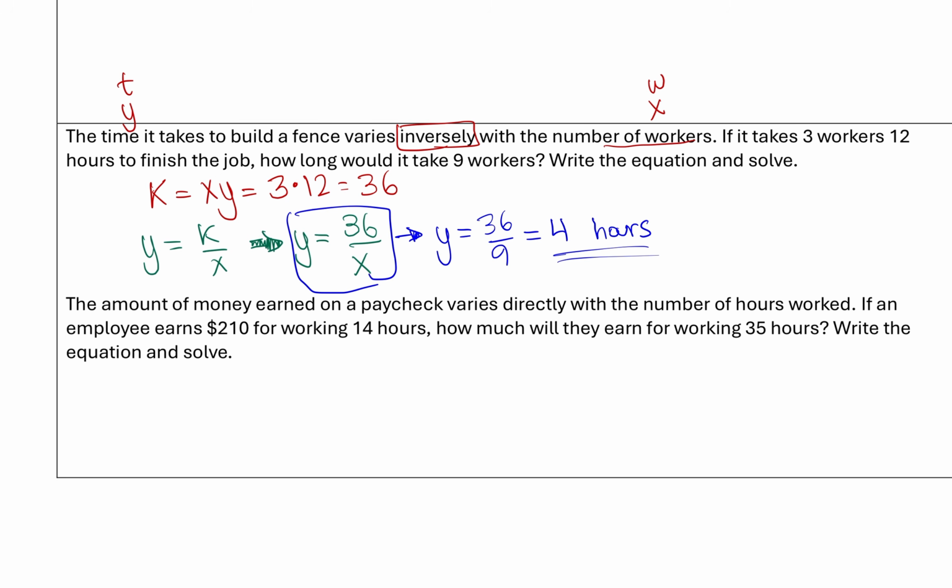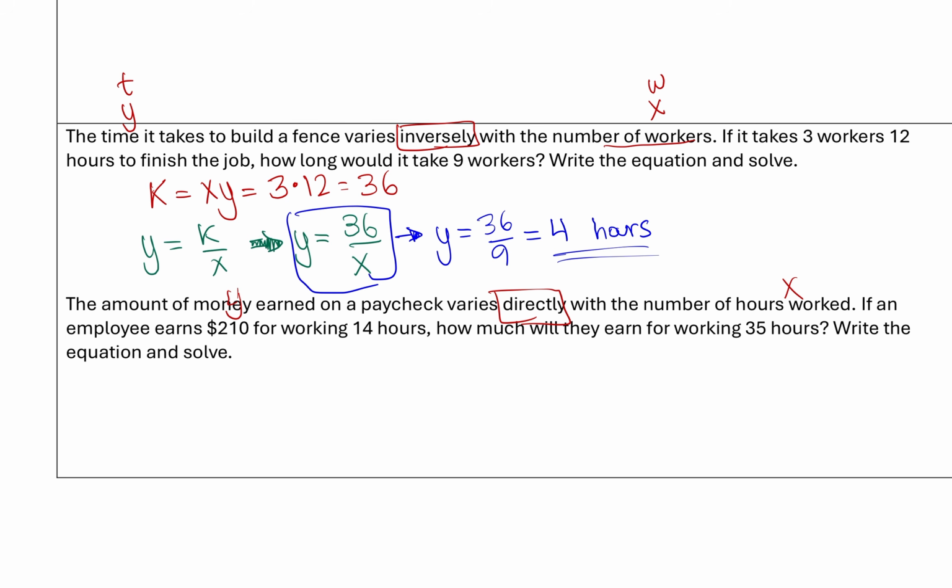Okay, from there, it says for the next one, the amount of money earned on a paycheck varies directly. So for this one, we've boxed the vocab word directly with the number of hours worked. So again, same idea. The first one is always my y. The second one is always my x.